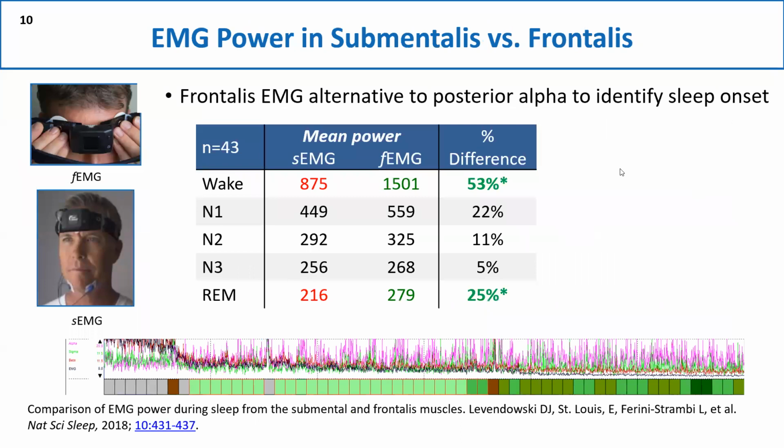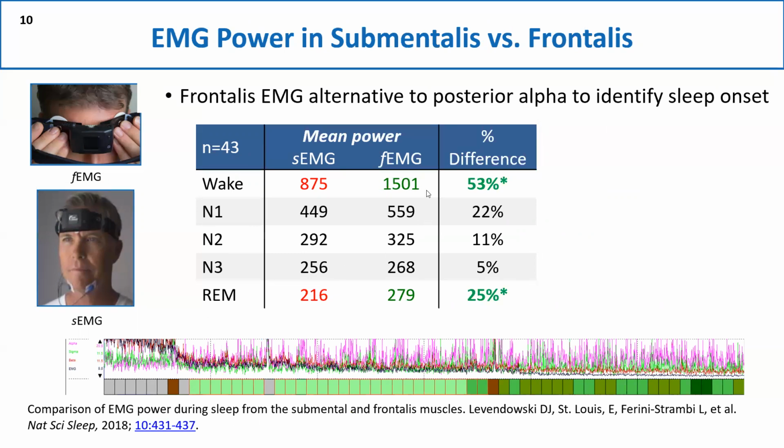In this study, published back in 2018, we took 43 of those records that we had originally submitted to the FDA. And from the chin EMG, the submental EMG, we extracted the power during the stages that the PSG staged as wake, N1, N2, N3, and REM.